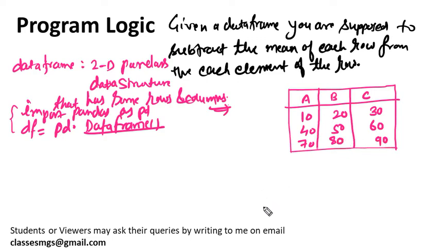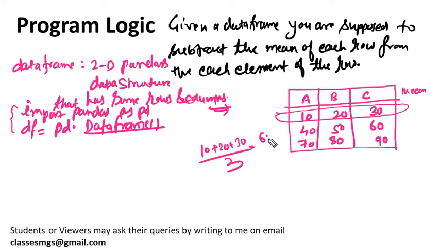First we need to calculate the mean of each row. Mean means adding all these row elements. We need to calculate the mean row wise. So what is the mean of this row? 10 plus 20 plus 30 divided by 3, that is 60 divided by 3, that will be 20.